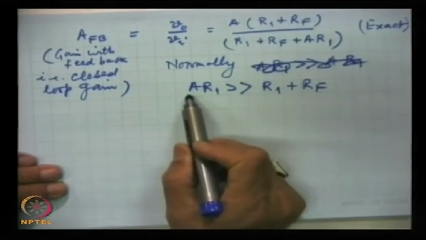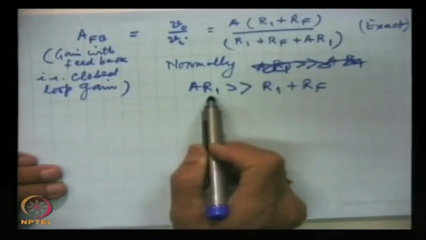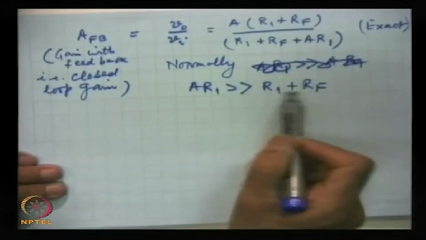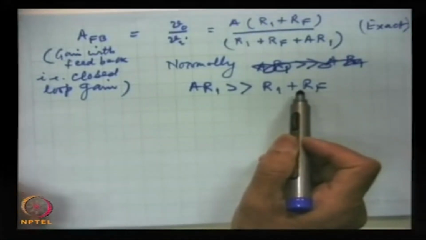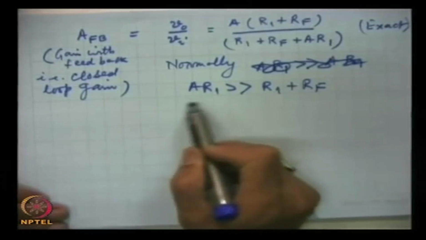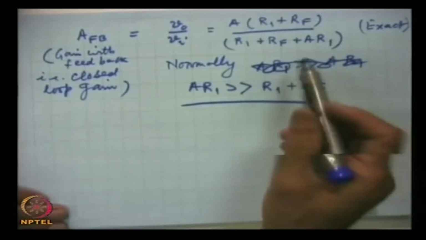A is 10 to the power 5, so 100,000 times R1, while these resistances may differ hardly by a factor of 2 or 3 or 5. So, this condition will be mostly applicable.